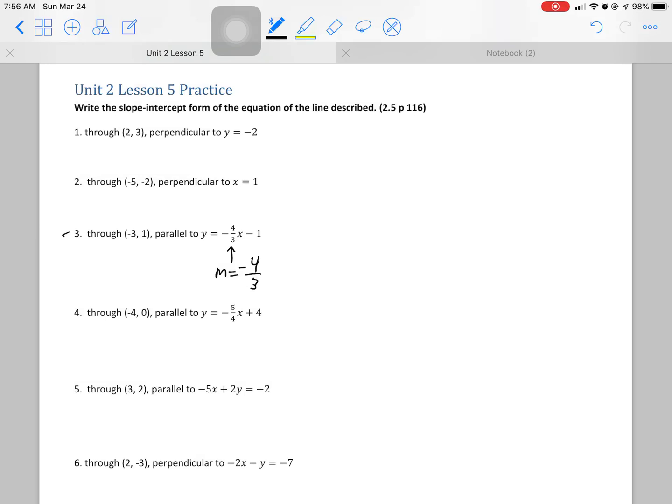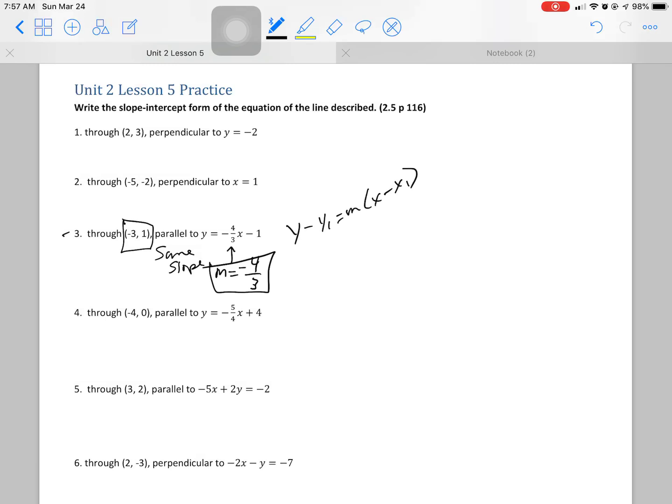So if a line needs to be parallel to it, it needs the same slope. So I need another line that has the same slope, but now it has to go through here. All right? So I have a slope and I have a point. I need the point slope. Y minus y1 equals m(x minus x1).